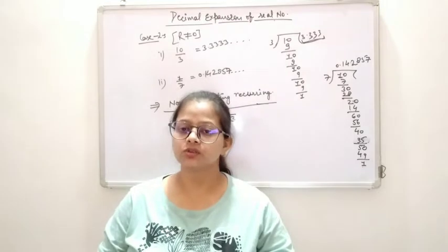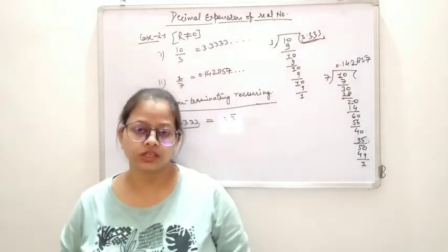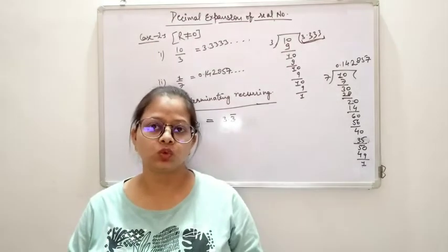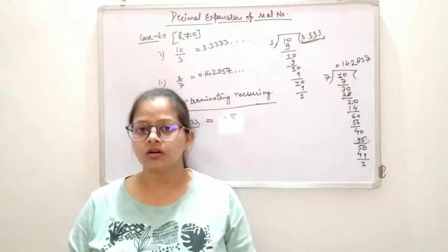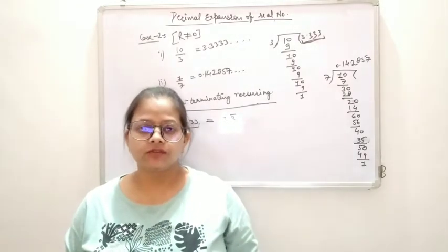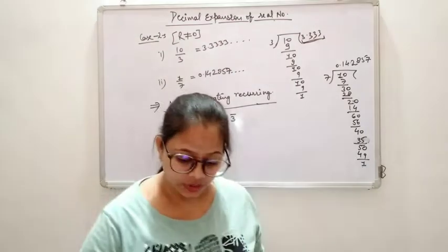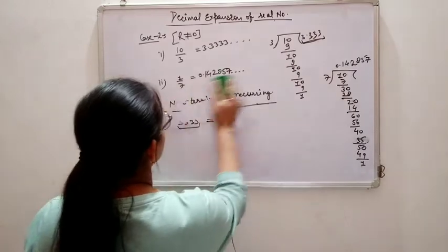From this you can see that the decimal expansion of rational numbers is either terminating or non-terminating, recurring. Clear? So let's take a few examples and figure out which is terminating and which is non-terminating and recurring.